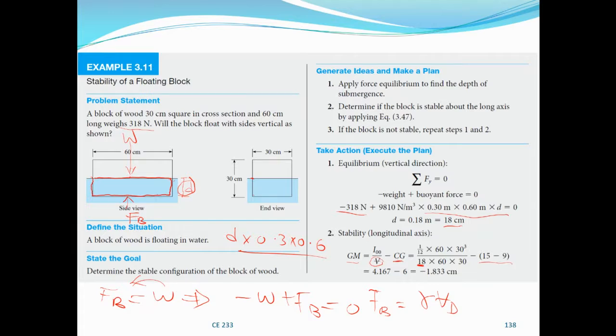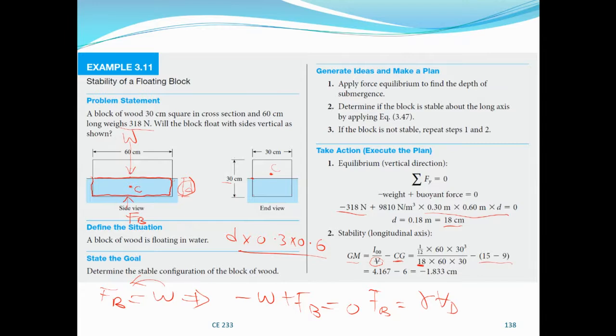As you can see, the total height is 30. The center of buoyancy, C, is half of D. D is 18, so half of D will be 9. The center of gravity of the body, the total height being 30, will occur at midpoint, which is 15, which is not even inside the water.